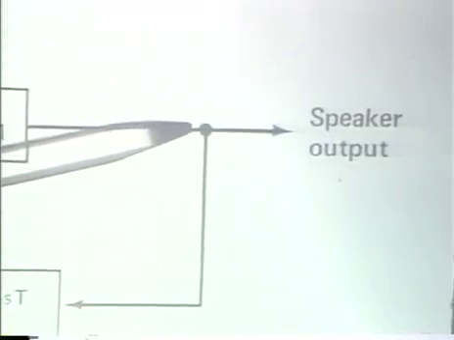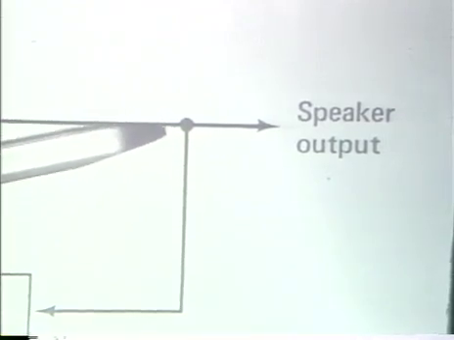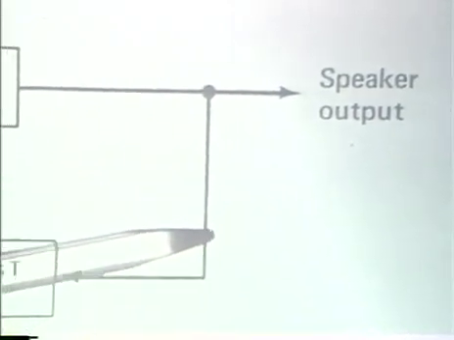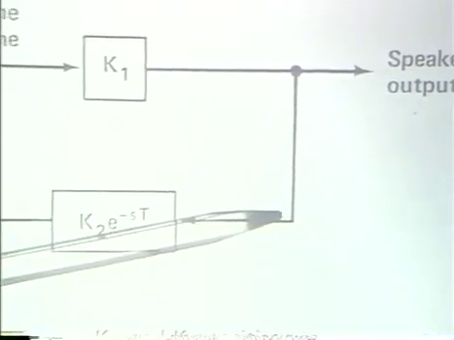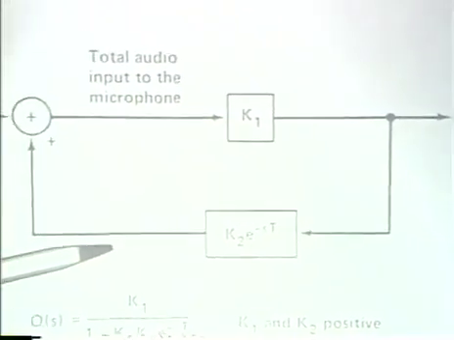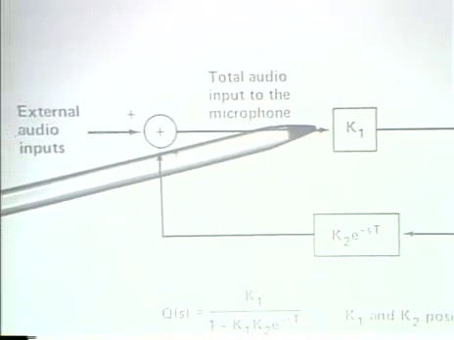And if, in fact, the speaker has any proximity to the microphone, then there can be a certain amount of the output of the speaker that is fed back into the microphone.